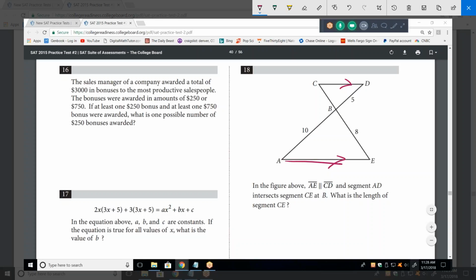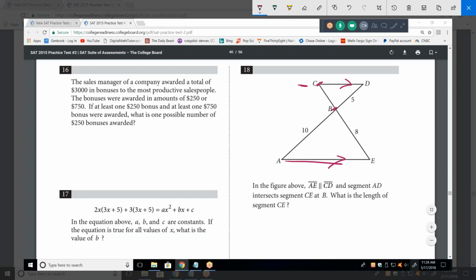Well, first of all, in order to get the length of segment CE, what do we need? We need the length of segment CB. What's the relationship between these two triangles that are similar? What's the scale factor? 1 to 2. Okay.